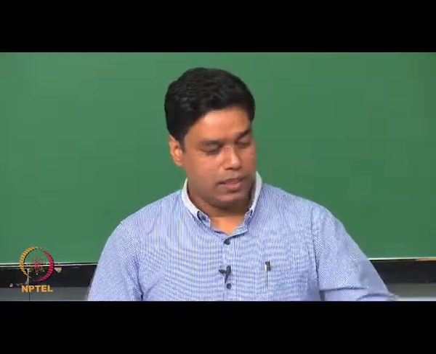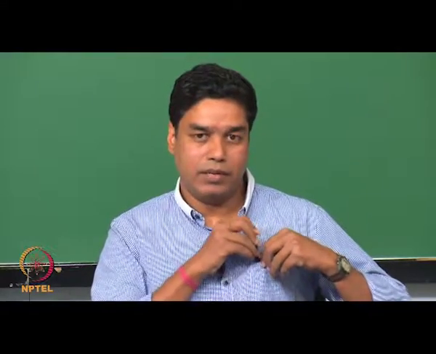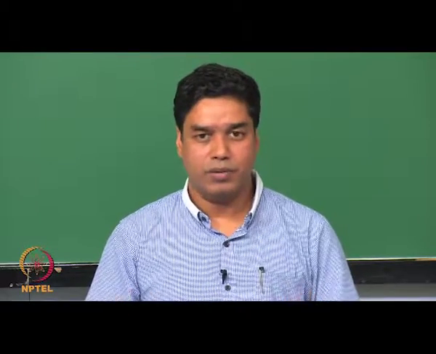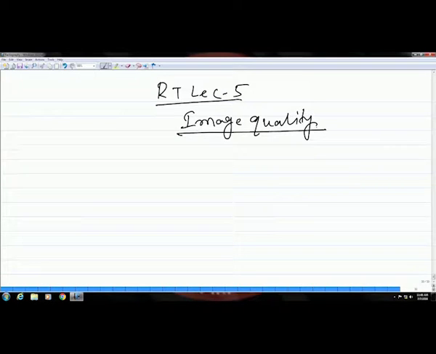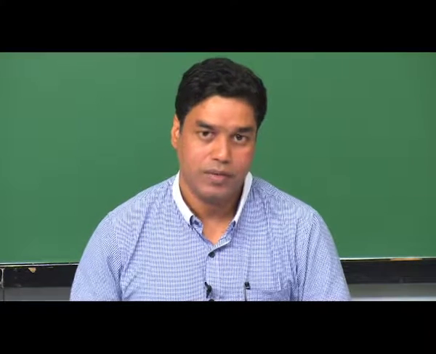So, today let us see what are those parameters related to the X-ray source which will control the quality of the image, and what can you do to get the best quality. So, let us see what is image quality and how it is affected by the X-ray source, and then we will see what can be done to get the best quality image out of an X-ray machine.